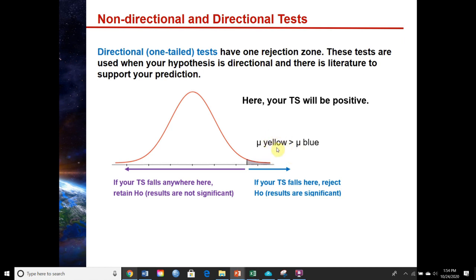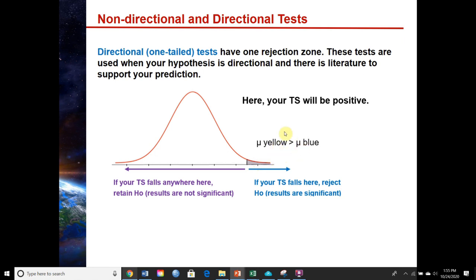So if you're predicting yellow is going to be greater than blue, and you run your experiment, and in fact, X bar for yellow is bigger than the X bar for blue, then you know that you're in the correct tail. It doesn't matter if you specify the tail on this side or that side, you know you must be in the right place because your X bars are consistent with what you predicted.